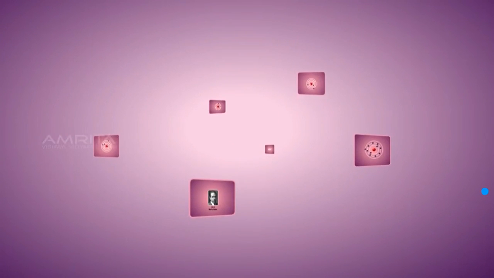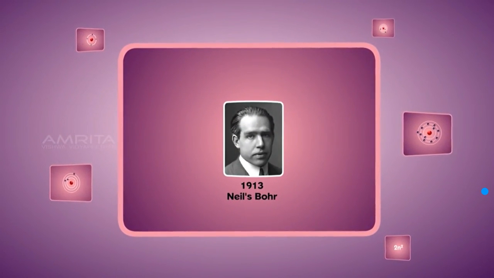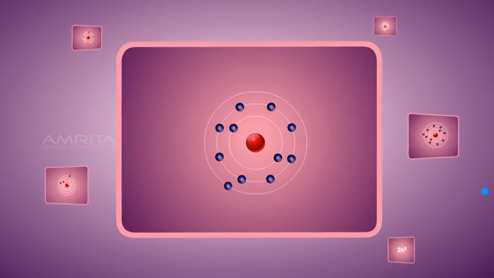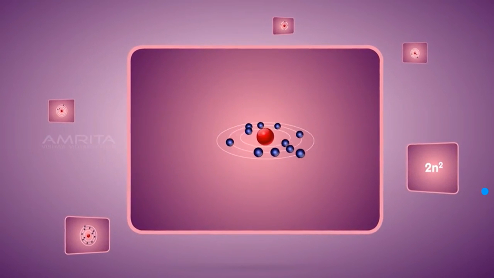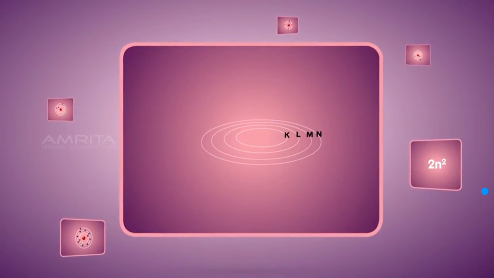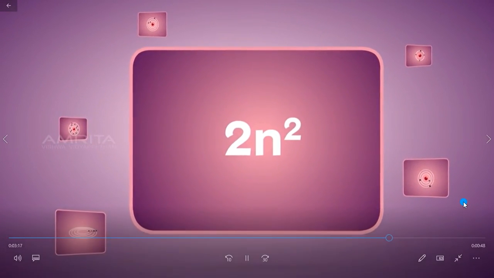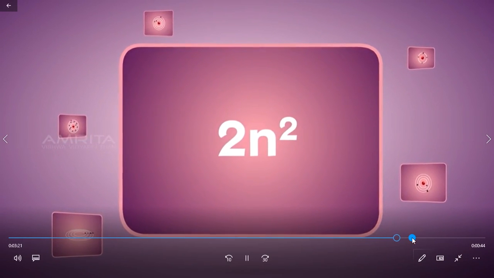Things to remember. In 1913, a Danish physicist, Niels Bohr, proposed an atomic model known as Bohr's atomic model. In an atom, the electrons revolve around the nucleus in definite energy levels called orbits or shells. The maximum number of electrons that can be accommodated in a particular orbit is 2n².